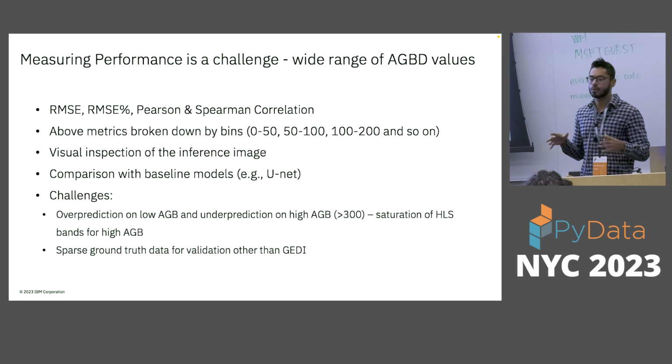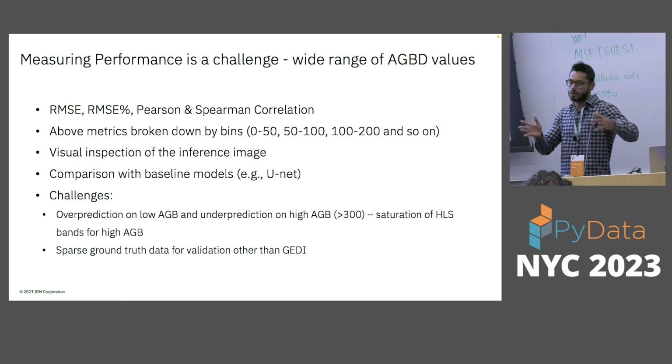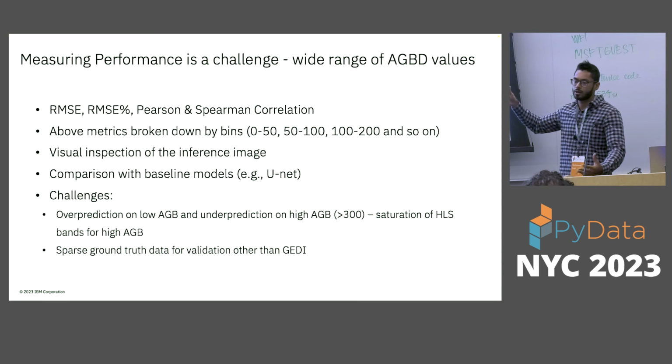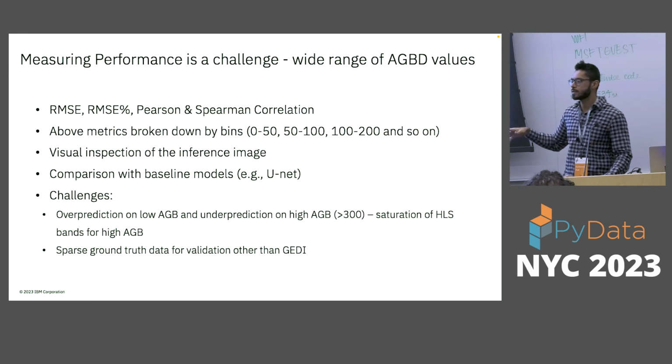But how we look at these metrics is that we have a number for the whole range. Let's say we have test data. The actual values in the test data range from 0 to 5,000, and our predictions are 0 to 5,000 as well. We look at the RMSE of this whole range. Then we also break down this RMSE into different bins.